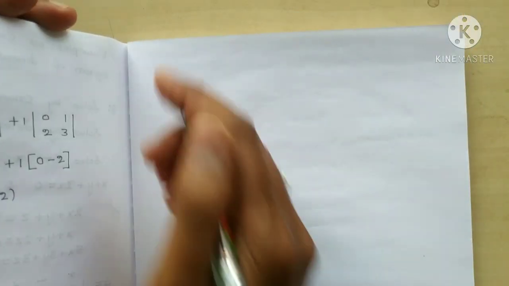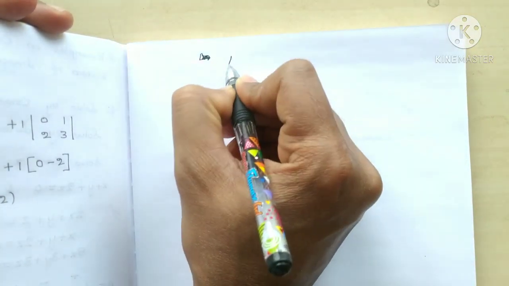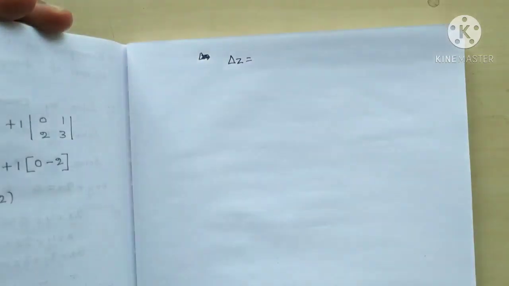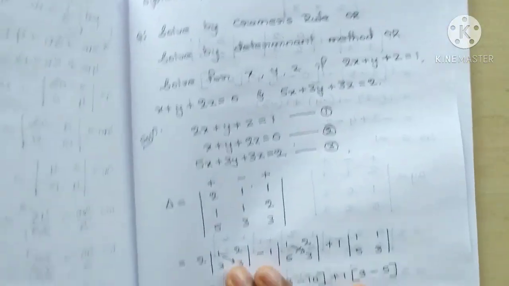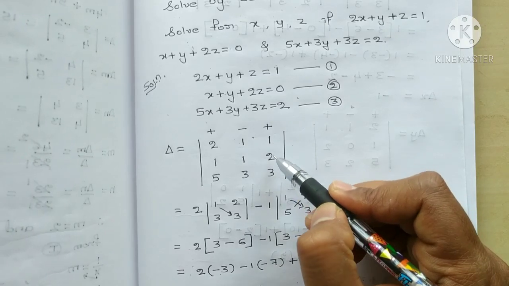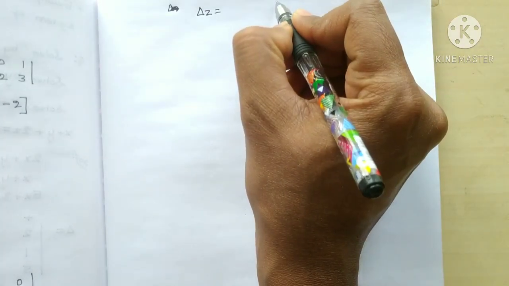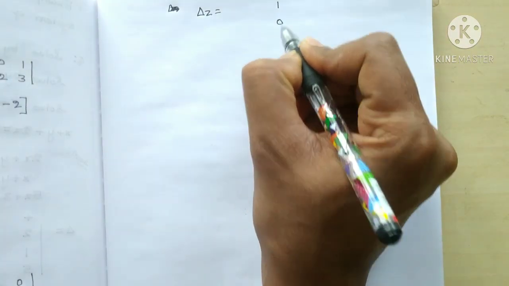So next, delta z. What to do for delta z? Again in delta, third column you have to replace. Instead of writing 1, 2, 3, I am going to write 1, 0, 2. So here last column 1, 0, 2.